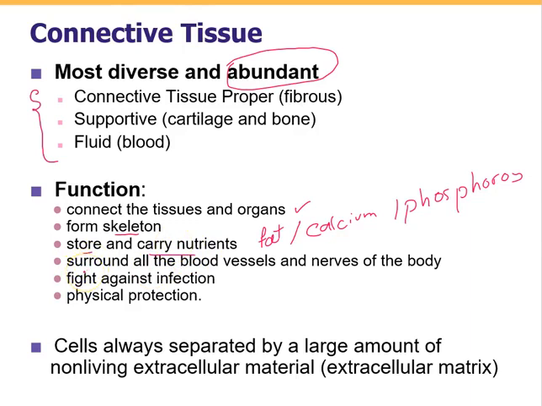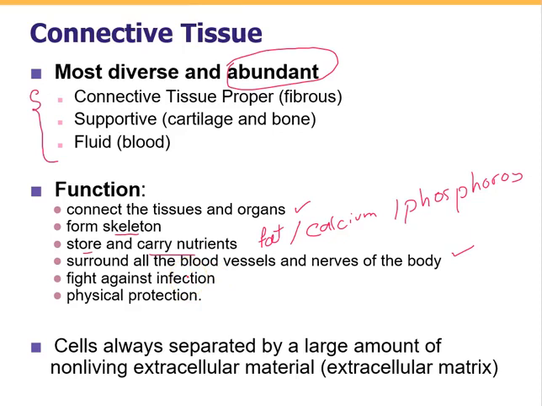Another cool thing connective tissue does is wrap around all your blood vessels and nerves, giving them extra support and protection. Also, because our connective tissue is composed of many immune cells like macrophages, mast cells, and white blood cells, it fights against infection.